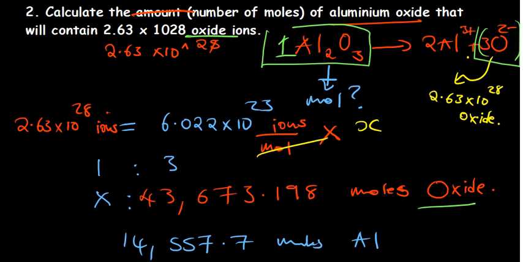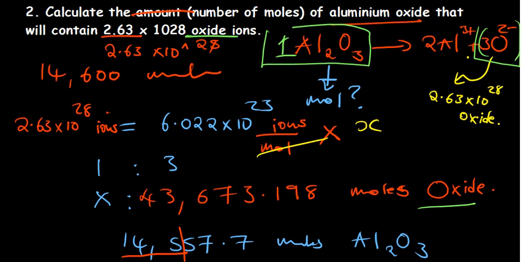Now, if I was going to follow certain rules of chemistry, I know that I'm supposed to get 3 significant figures, which will give me 1, 4, and then this will give us 6. So you end up with 14,600 moles. So basically this is what we have for this question.